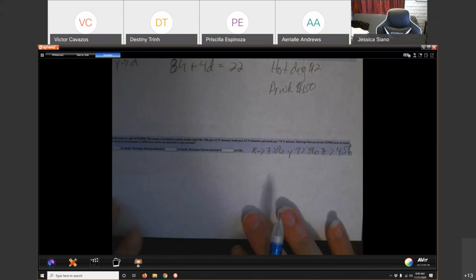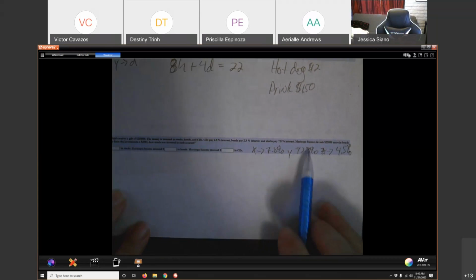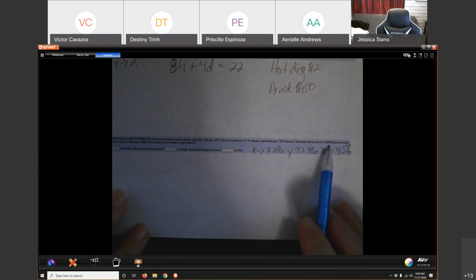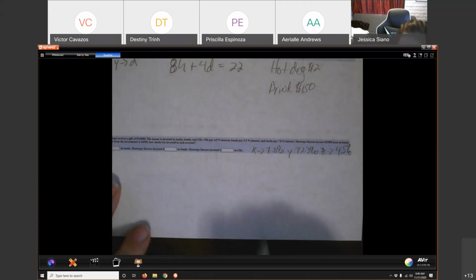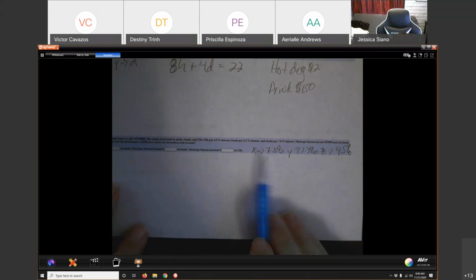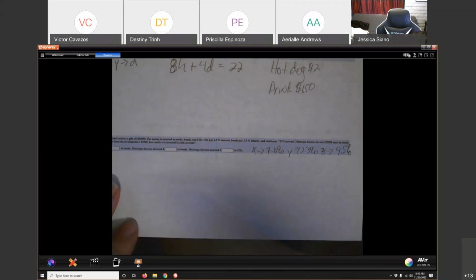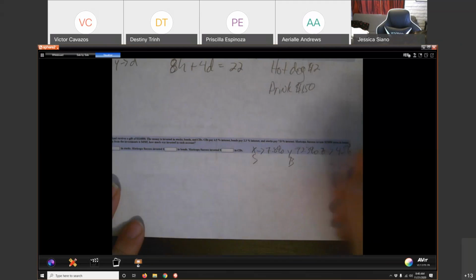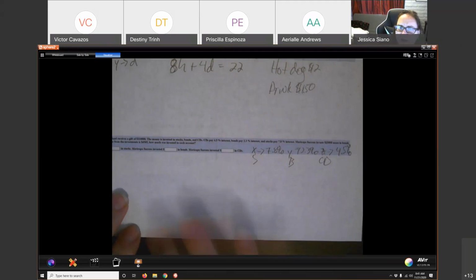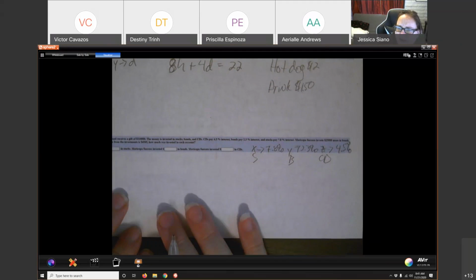Okay, so we need 3 equations. Invest $25,000 more in bonds than CDs. So I need to label these also because we went stocks, bonds, CDs. 25,000 more in bonds than in CDs. So here's what we know.